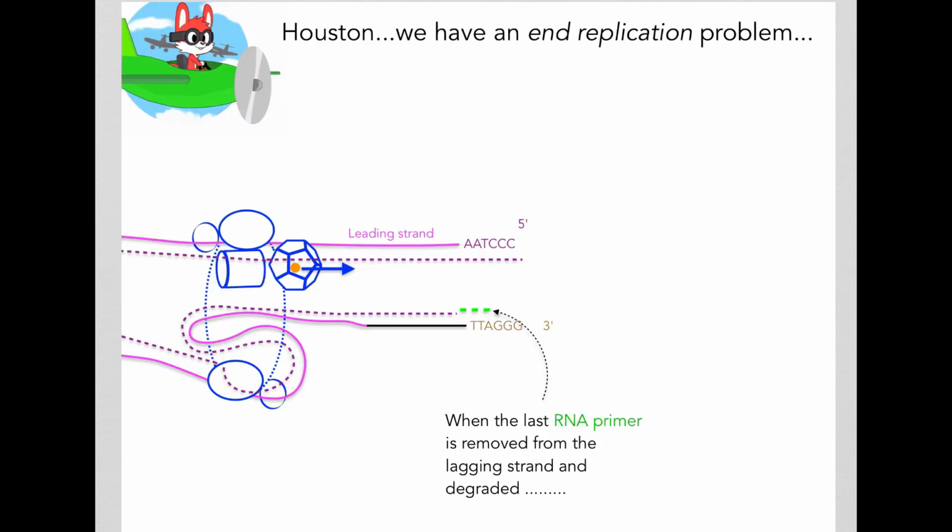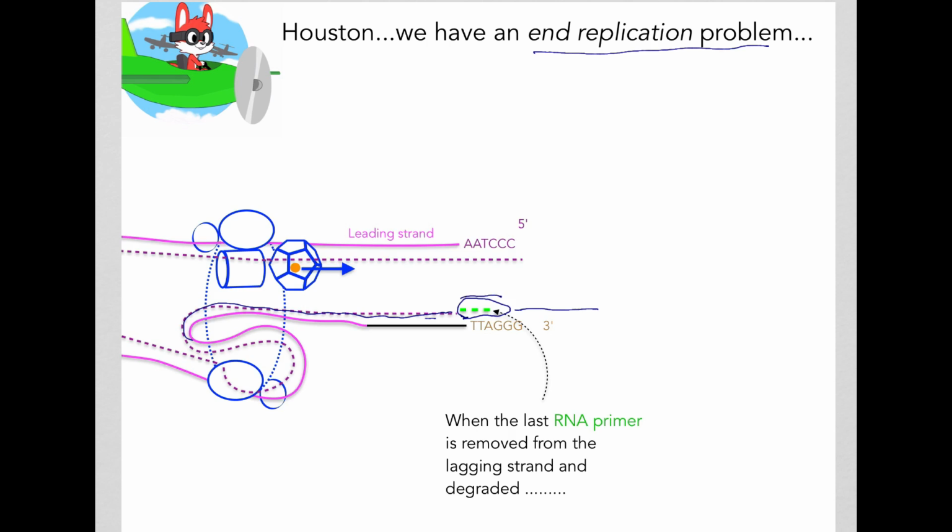So let's look at the problem when we reach the end of the chromosome. This is called the end replication problem. In the lagging strand, remember, we are making Okazaki fragments. So here we have these Okazaki fragments, they're already joined, and now we are ready to make another Okazaki fragment here.